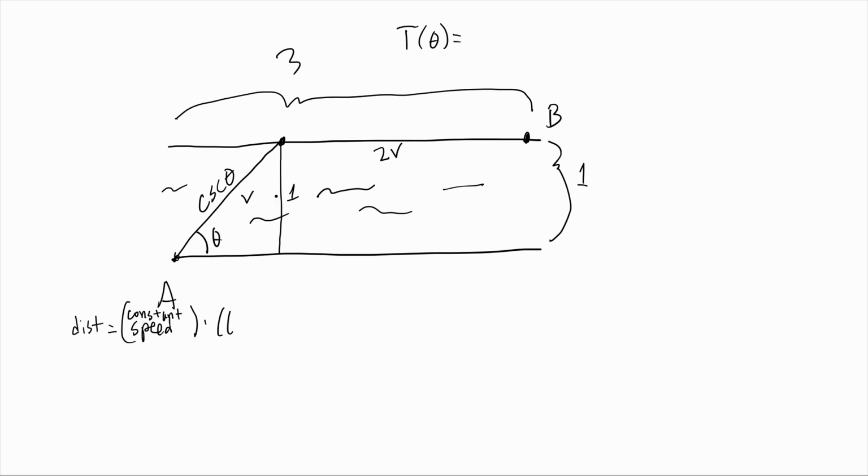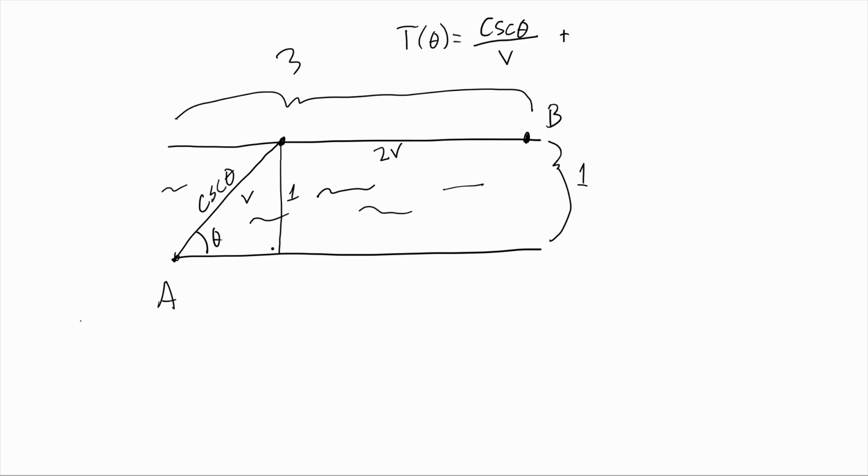So let's come over here and erase this. We get T of theta is equal to distance, cosecant theta, divided by the constant speed of v. Now, what about on land?